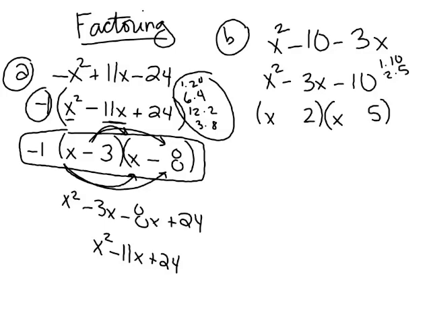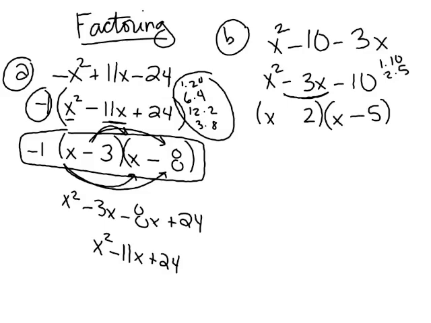Positive or negative? How do I decide? Okay, I need one to be positive and one to be negative. This is a negative 3, so my bigger number needs to be the negative.